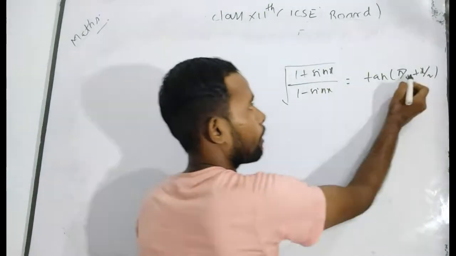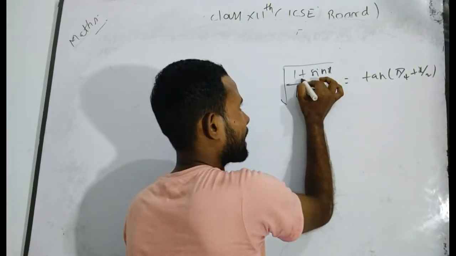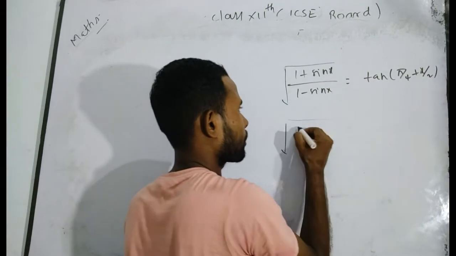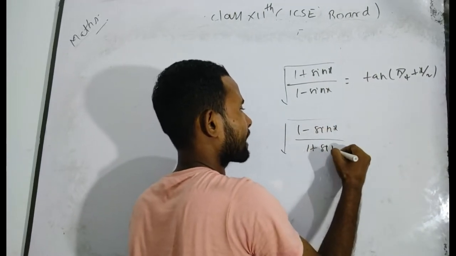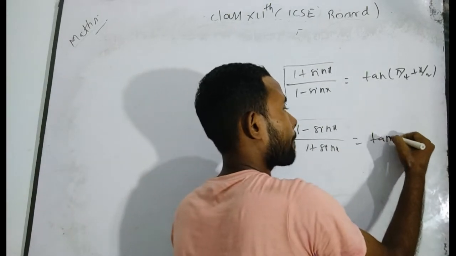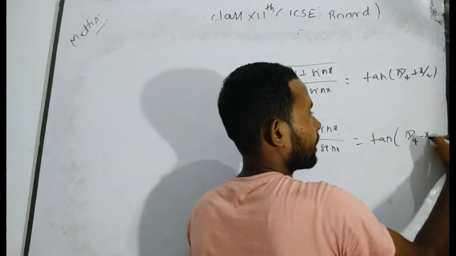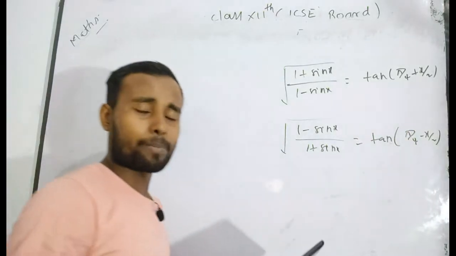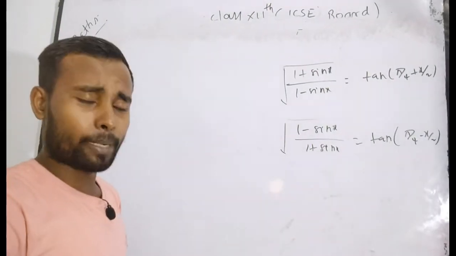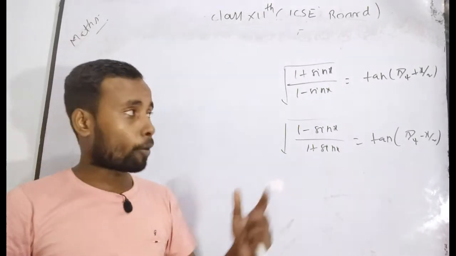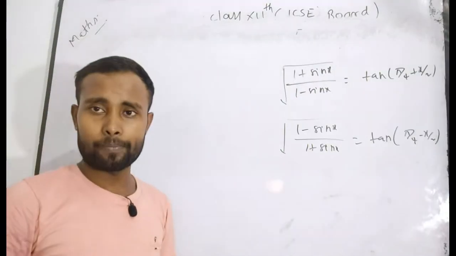If there is a plus, it will be plus; if there is a minus, don't confuse. The square root of (1 minus sin x) divided by (1 plus sin x) will be tan(pi/4 minus x/2). Sometimes you can use it directly, though you should simplify it if you are giving a subjective examination, but if your examination is objective, then you can use it directly.